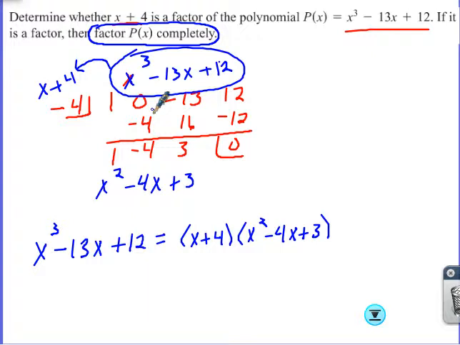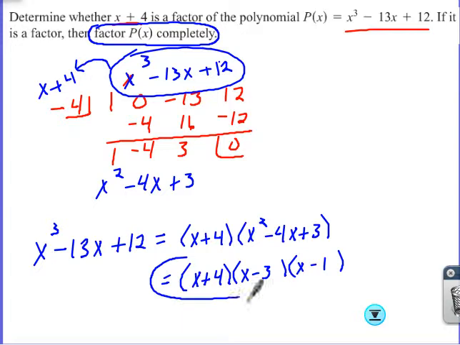Okay, I'm going to use this synthetic division stuff to factor big stuff like that. But once I get it to this point, x plus 4 times that, I can leave the x plus 4, and I can break down x squared minus 4x plus 3 by doing x times x, and ask myself what two things add to give me negative 4, multiply to give me positive 3, and that would be a negative 3 and a negative 1.